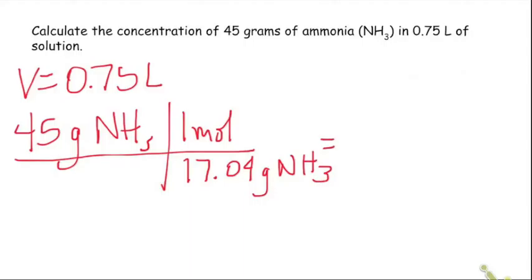And so we do our math. Remember, we multiply everything on top, divide by what's underneath. And so we have 2.641 moles of ammonia.